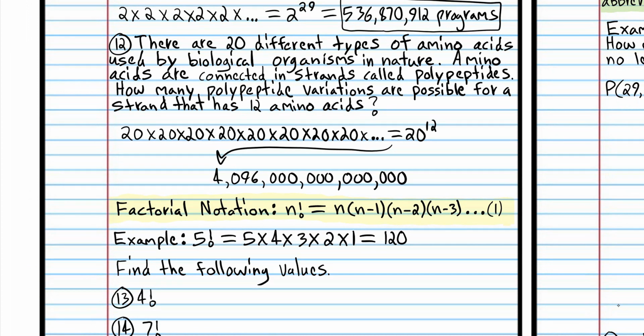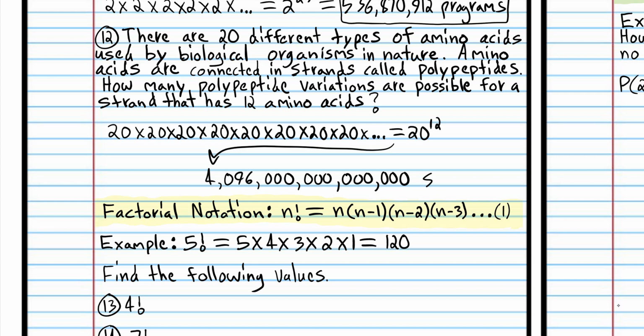So if you weren't able to name that number, that's okay, but this is 1,000, million, billion, trillion, and quadrillion. So 4 quadrillion, 96 trillion different strands are possible.